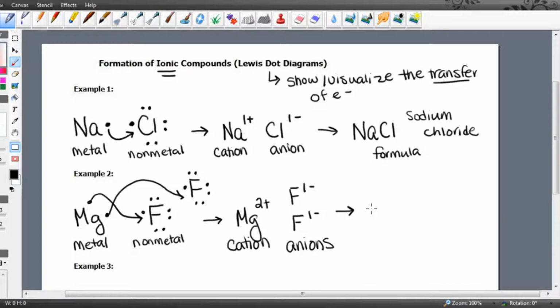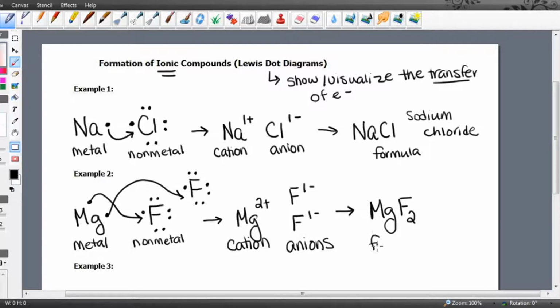Now, in order to write the formula, we want to use subscripts to indicate how many of each atom we used. Magnesium, there was just 1 atom. It had a 2+ charge. For fluorine, we had 2 atoms. So we use a subscript of a 2 to represent the 2 fluorine anions.